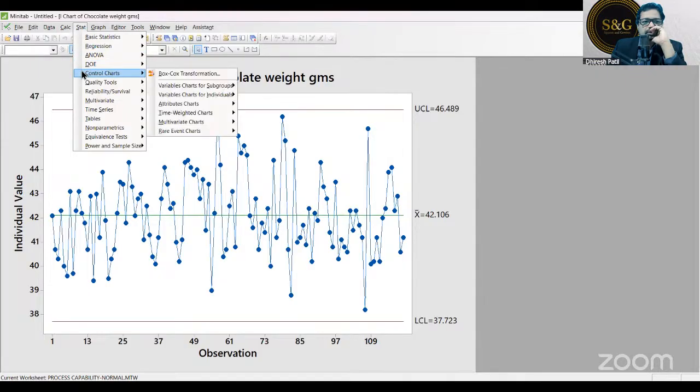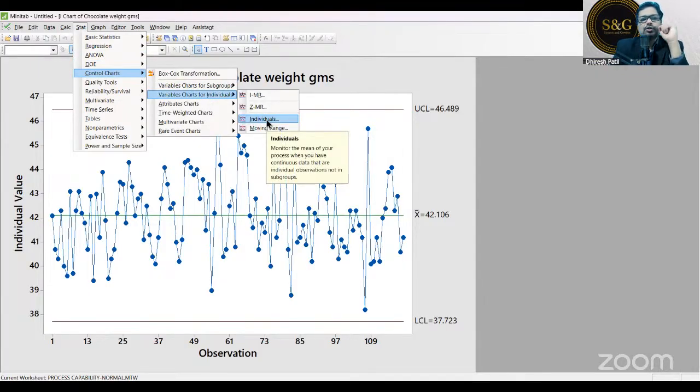For all the other people who are just behind, just look at this sequence: Stat, Control Chart, Variable Chart for Individual. The same file which I've given in the chat, you can reuse. We use the same file for various explanations.